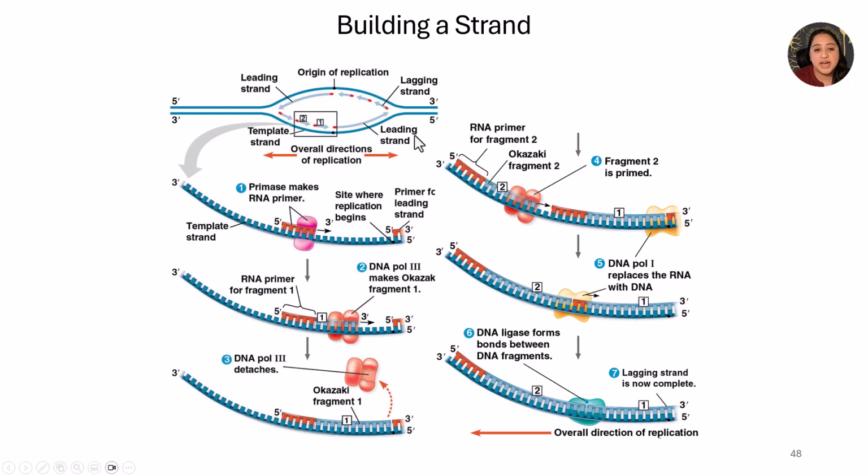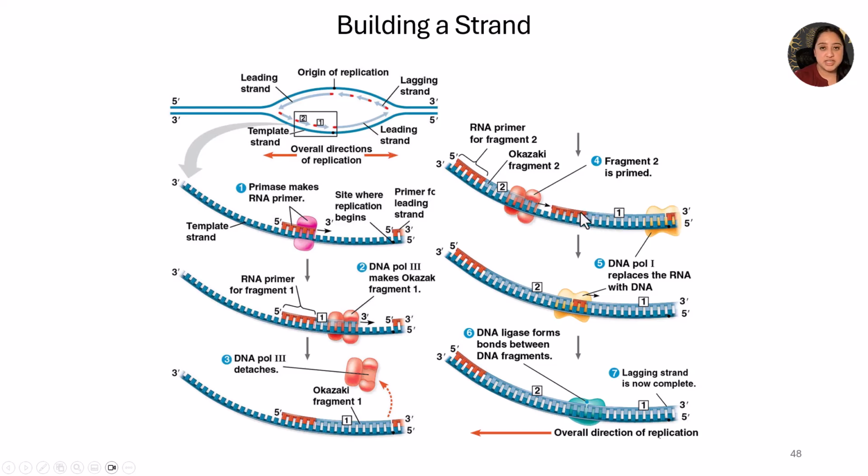So it goes back over here, fragment 2 has a primer put down, and then the second Okazaki fragment gets built by DNA polymerase, lets go, goes back, maybe it makes a third part over here. And then the RNA primers don't stay forever.